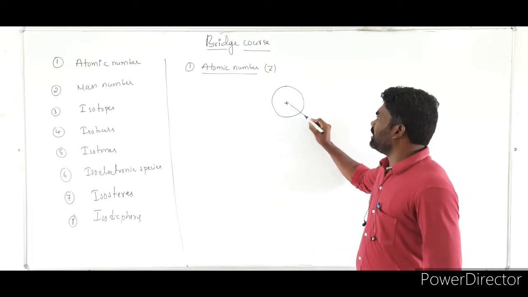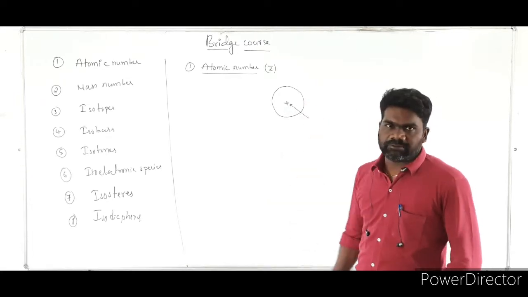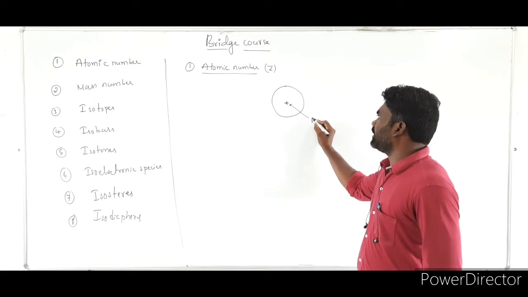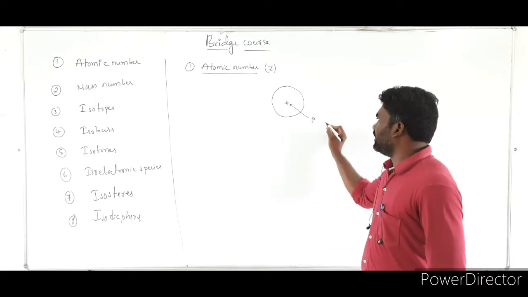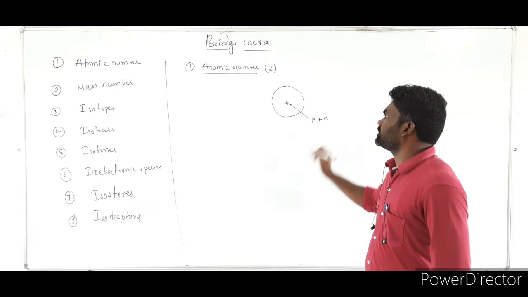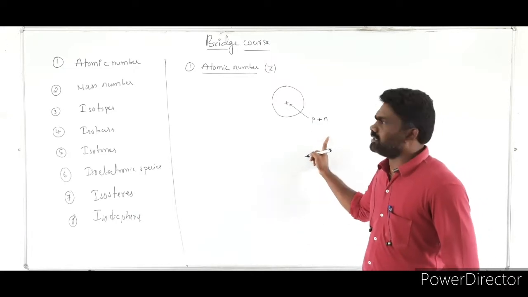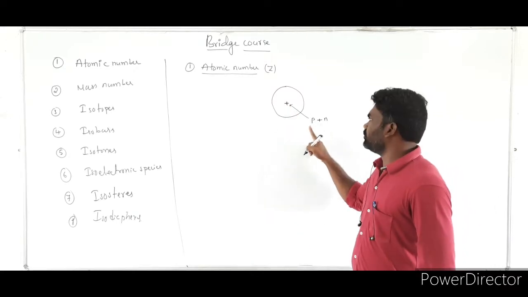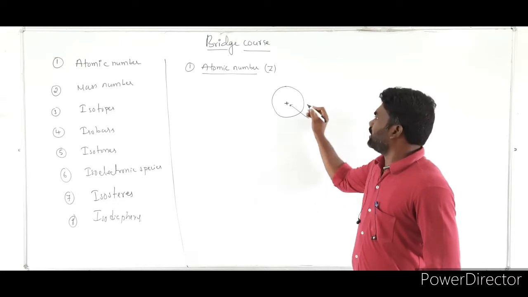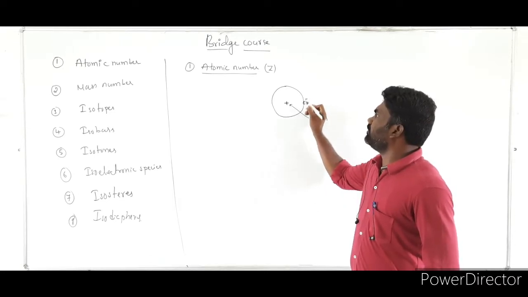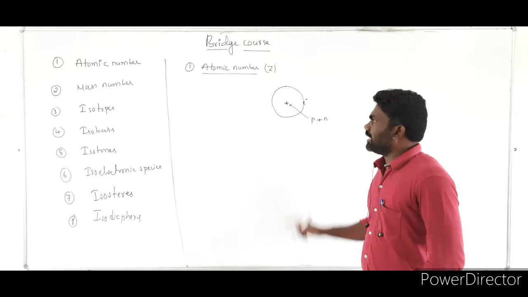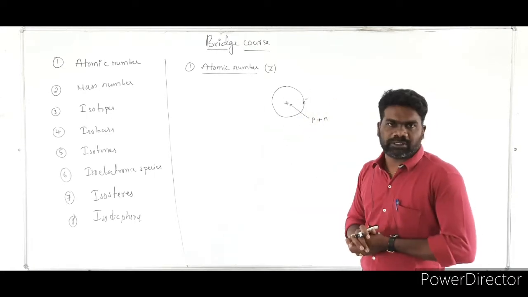The nucleus is made up of two fundamental particles, proton and neutron. Protons and neutrons present in the nucleus are called nucleons.